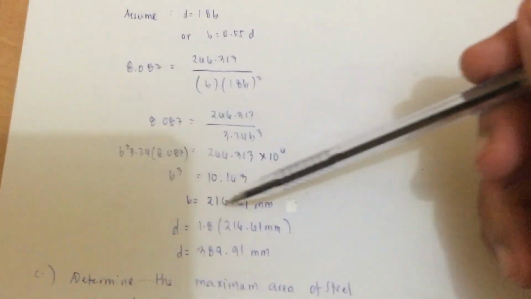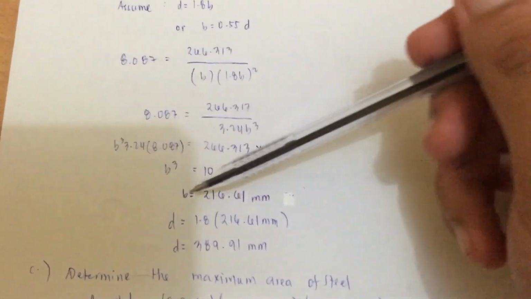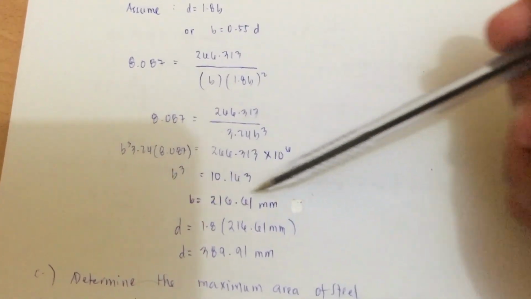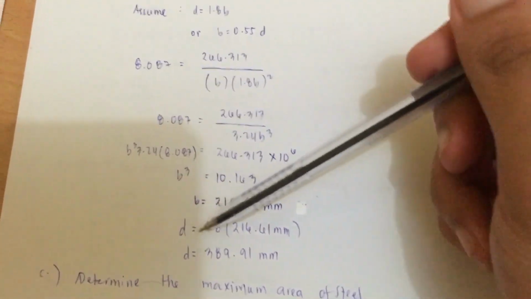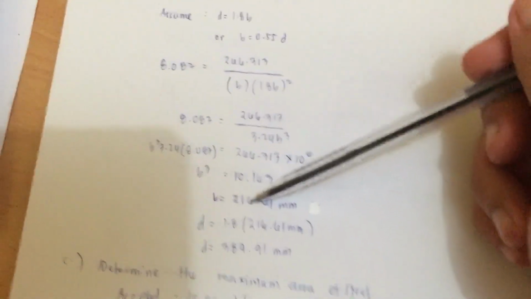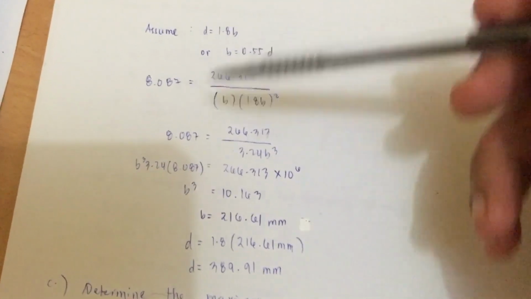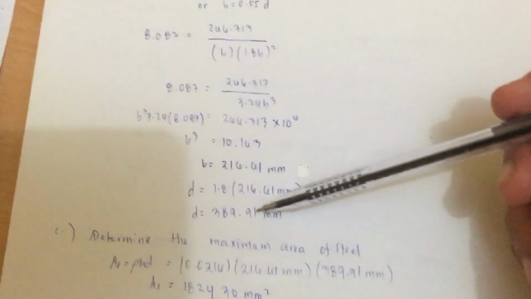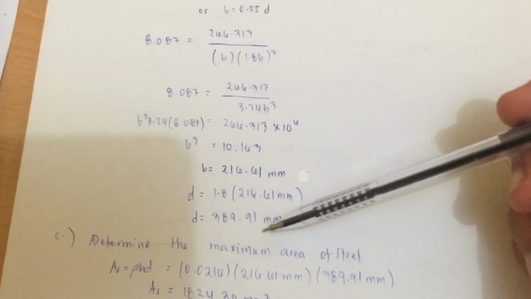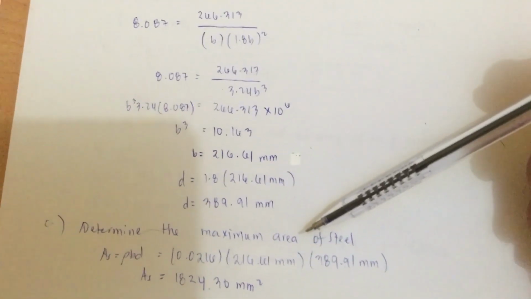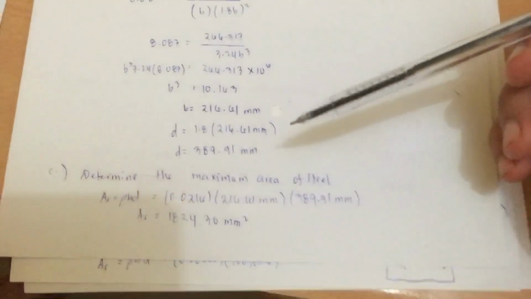So that's the width of the beam. By getting the width of the beam, let's substitute this value to this formula to get the depth of the beam. So we have 389.91 mm, or that's around 39 centimeters.